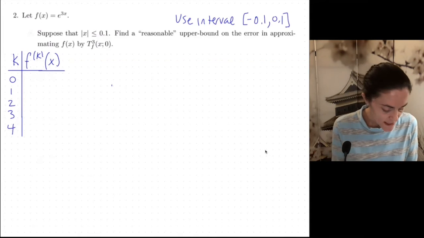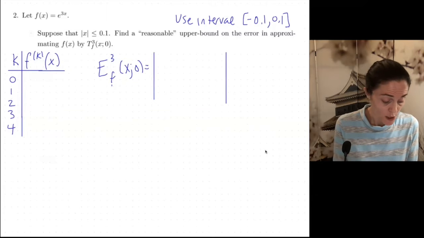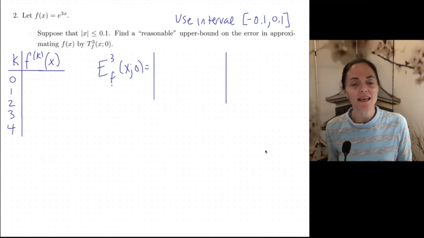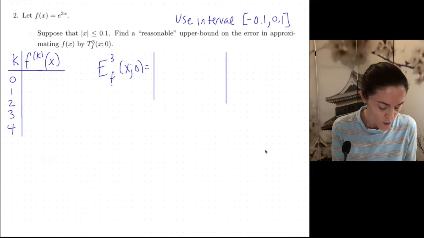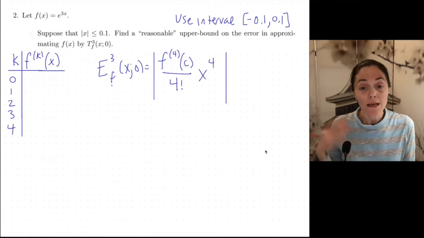And then what is the error? This would be E3 of f at x, 0. This is Taylor-Lagrange. We know what it looks like. It looks like the very next term in the Maclaurin polynomial, which would be the fourth derivative at some c over 4 factorial times x to the fourth power in absolute value.